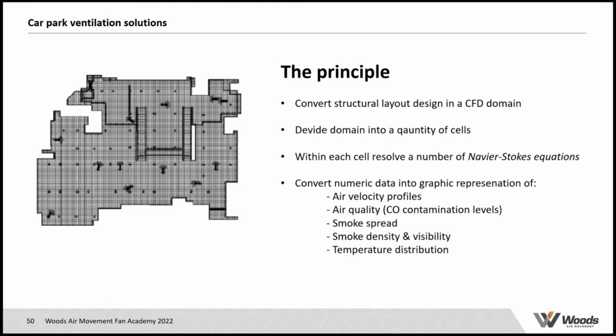But if you want to do, for instance, a simulation on that section 10 I showed you, a smoke control system, then the accuracy of the simulation is very important, which means that the cell sizes will have to become smaller to make it accurate. But again, the downside is that it will take considerably longer to calculate.